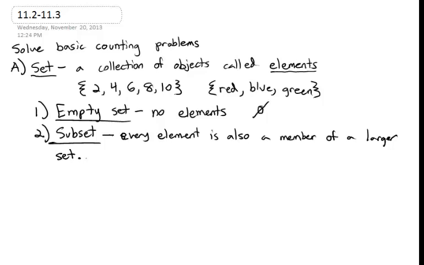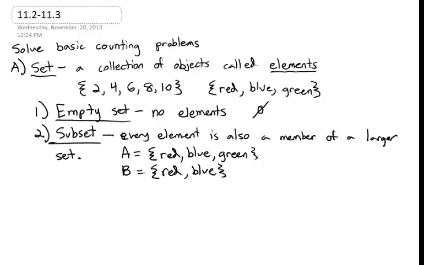And notationally, let's say A is equal to the set red, blue, green, and B is equal to the set red, blue.